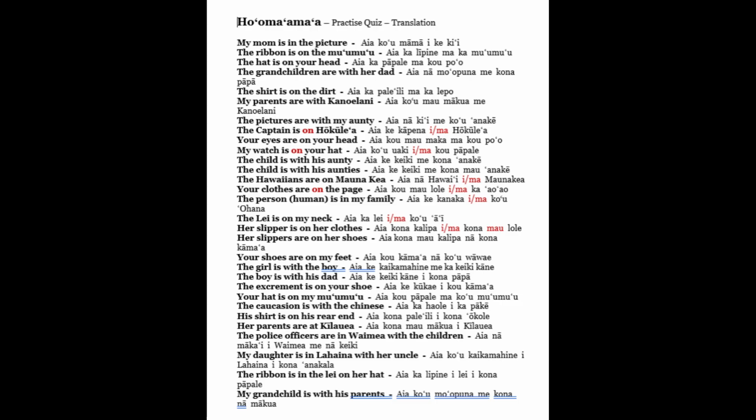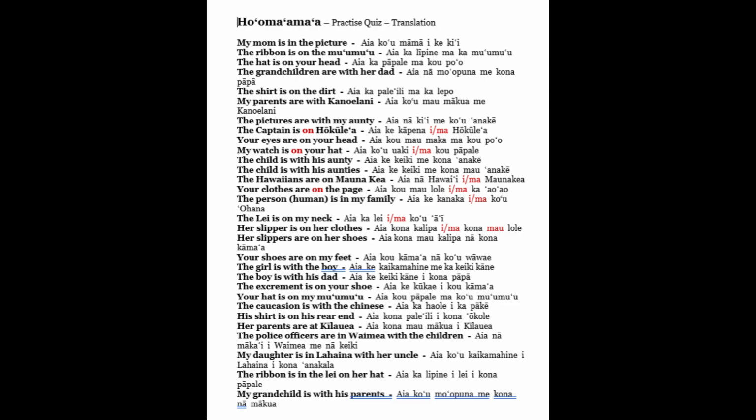So ia na mo'opuna me, remember, because kona begins with a K, we have me kona papa, with her dad. Kona represents his or her. So ia na mo'opuna me kona papa. The grandchildren are with her dad.